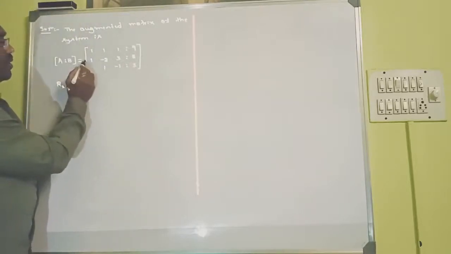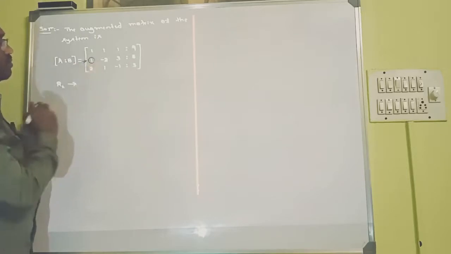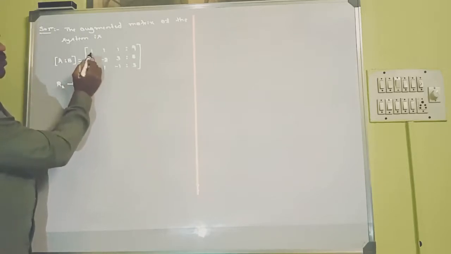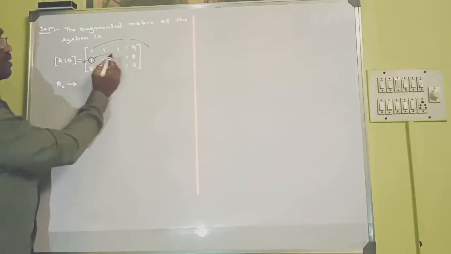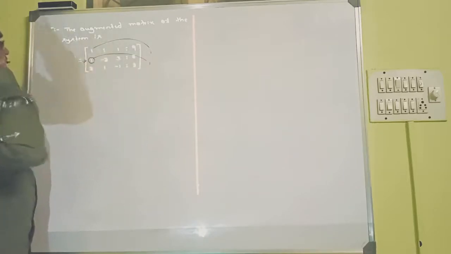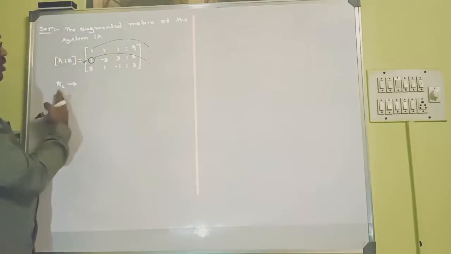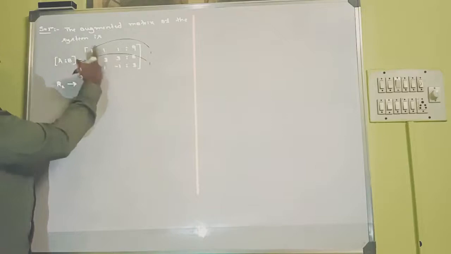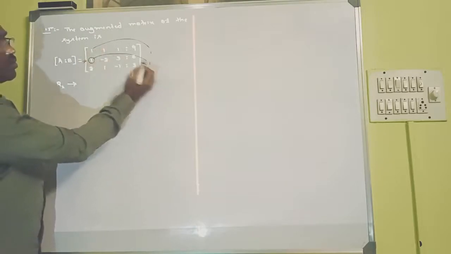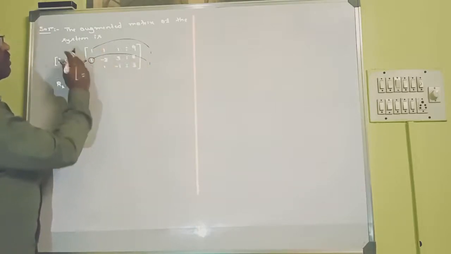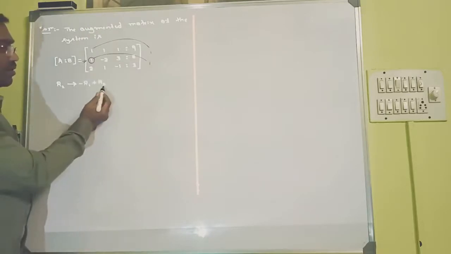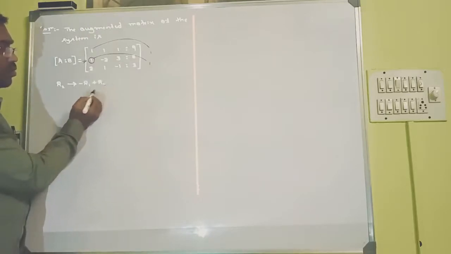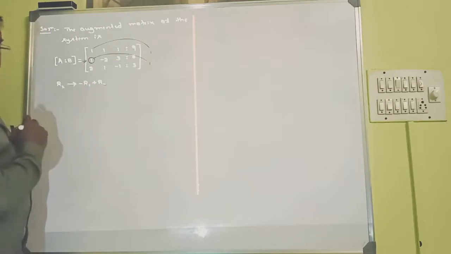To make this element 0, what we have here is 1, take this element 1. So it is just a subtraction, that is R2 changes to R2 minus R1. The operation is R2 minus R1.